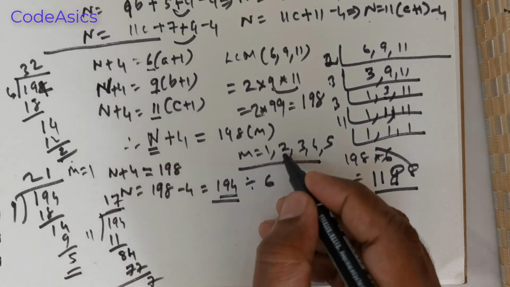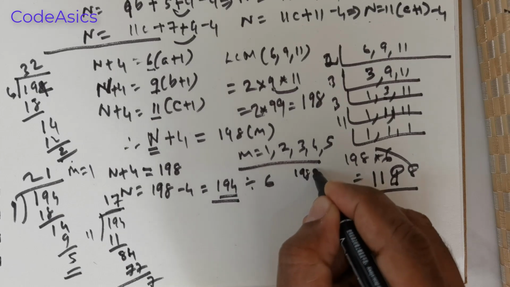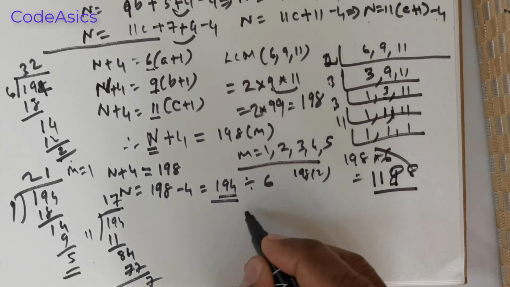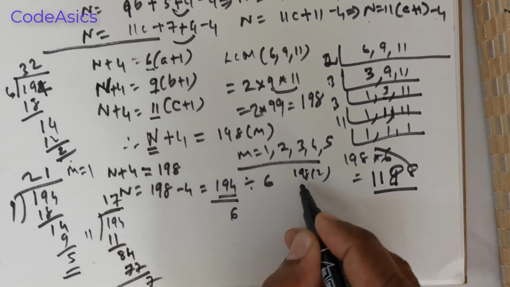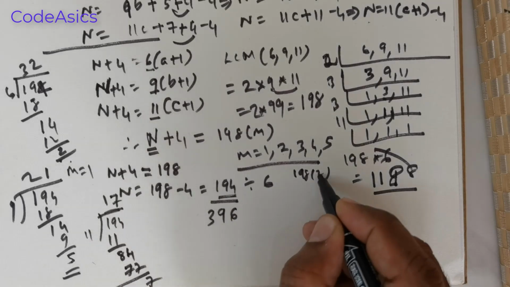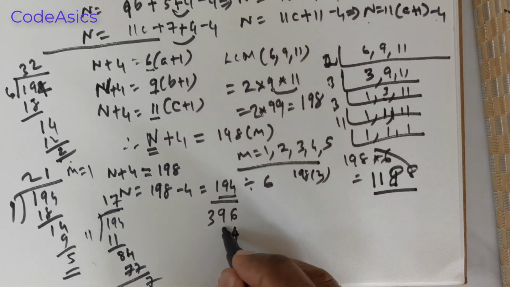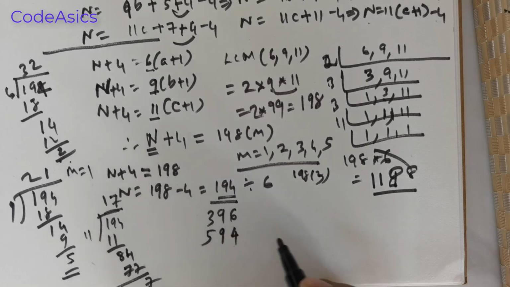Now second number, m is equal to 2, so that means 198 times 2. So 8 2s are 16, 1, 9 2s are 18, 19, 1, 2 1s are 2, 396. The third number, 8 3s are 24, 2, 9 3s are 27, 29, 2, 3 1s are 3, 594.